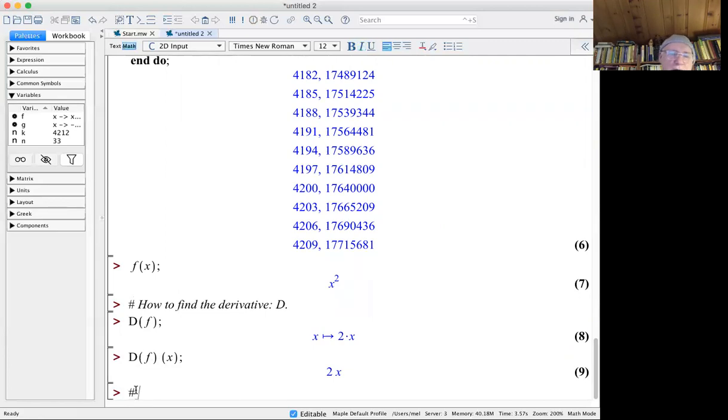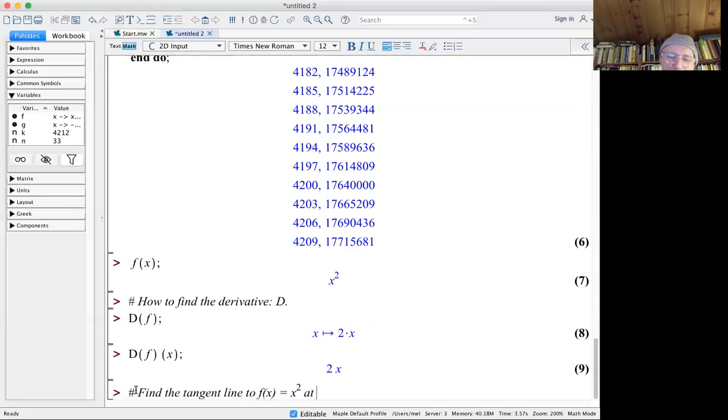Suppose we want to find the tangent line to the function f of x equal x squared at x equal to minus 3.